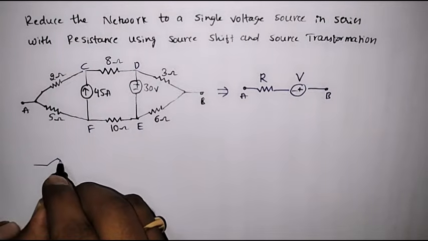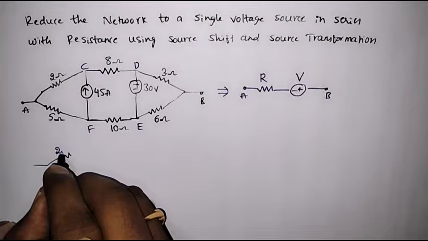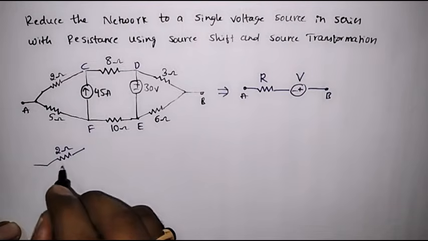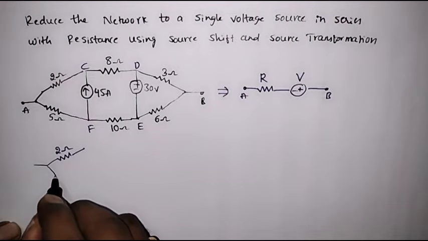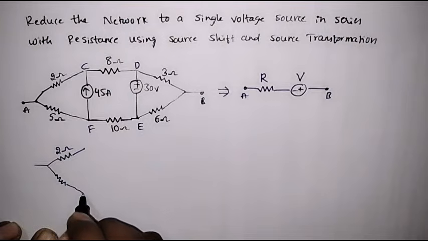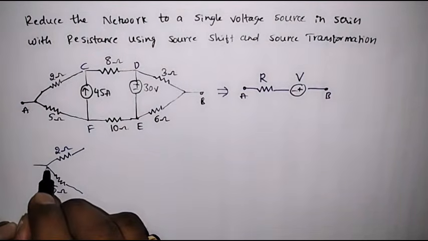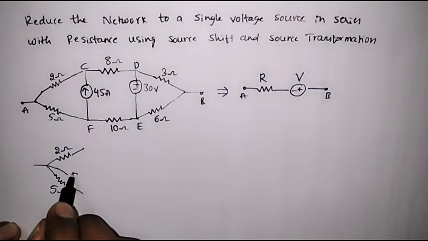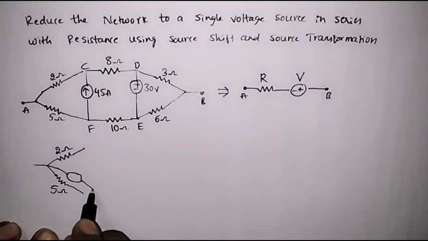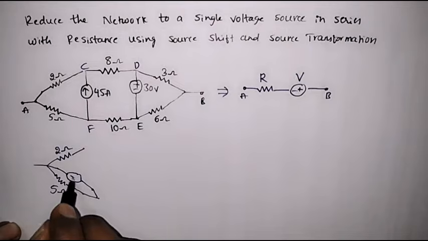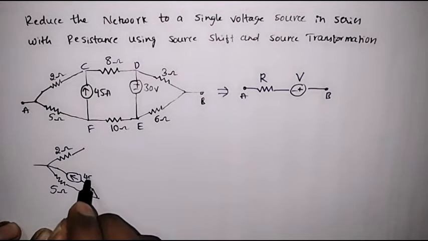So here we have a 2 ohm resistor and here we have a 5 ohm resistor. This current source will come in parallel with the 5 ohm resistor. So direction will be like this. The magnitude of this is 45 amp.